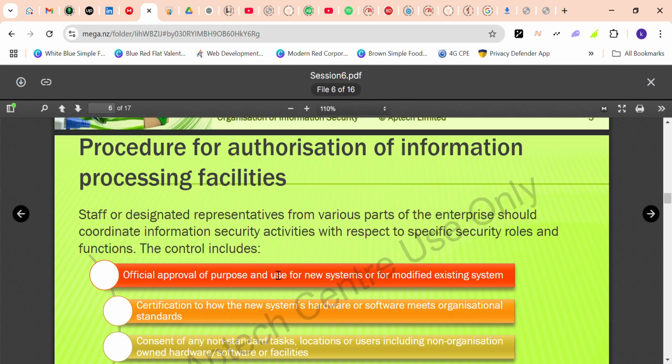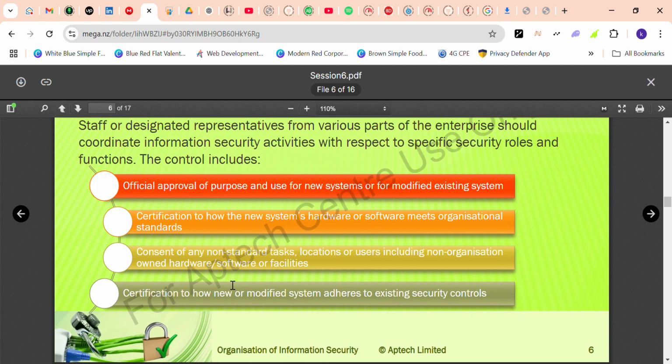And number three, the consent for any non-standard task, location or user, including non-organization-owned hardware or software or facilities. We need to seek their consent for non-standard tasks, locations and users, including non-organization-owned hardware, software or facilities, maybe those contract users or end users.